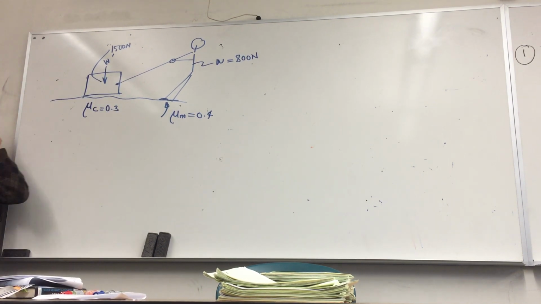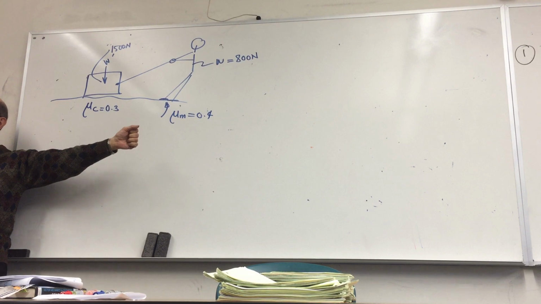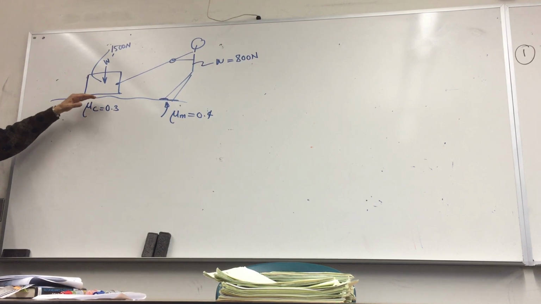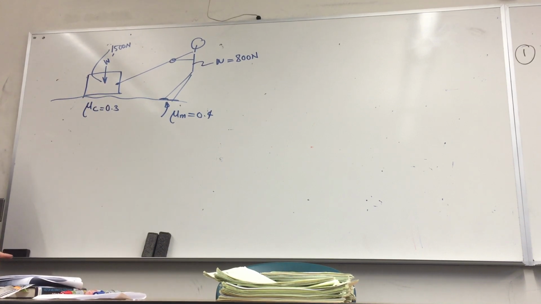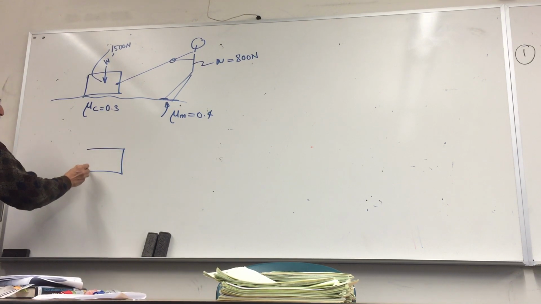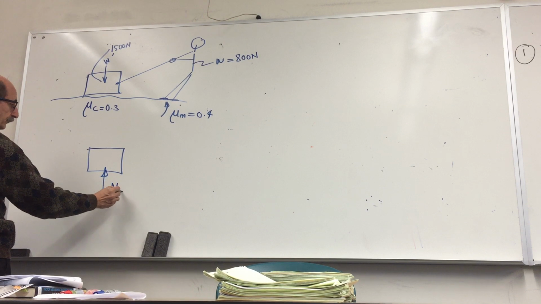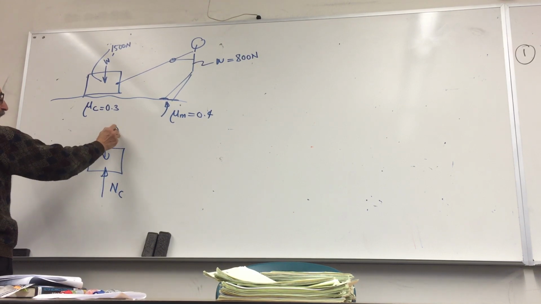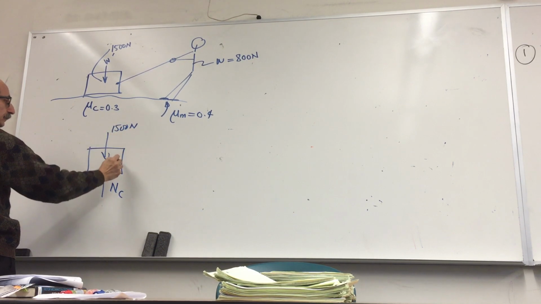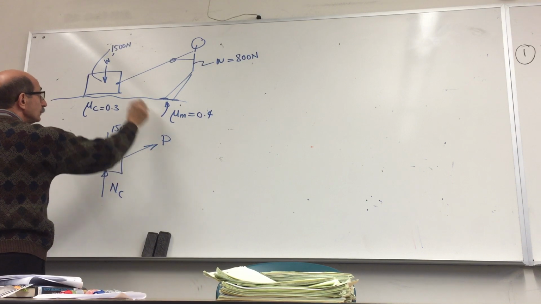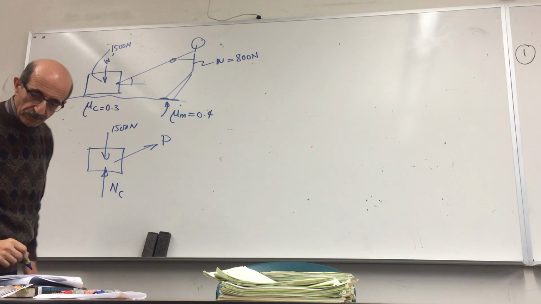So what's going to happen? If this guy is going to pull that crate, that means maximum force of friction develops here that he has to overcome, right? So let's draw both free body diagrams again. You have this force, weight of this box, 1,500 Newton, and by the way, this angle is given as 30 degrees.